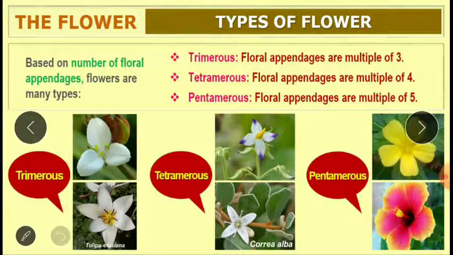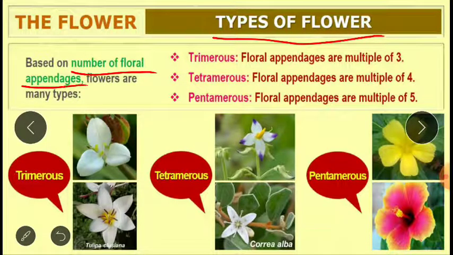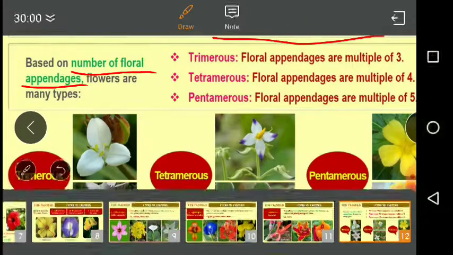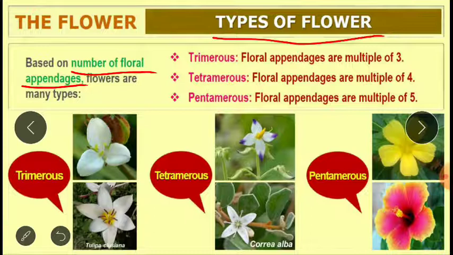Now coming to the types of flowers based upon the number of floral appendages. Floral appendages are nothing but the floral parts, that is mainly your petals and sepals. So based on the petals and the sepals, that is your green colored part below the petals, flowers are going to be mainly of three types.